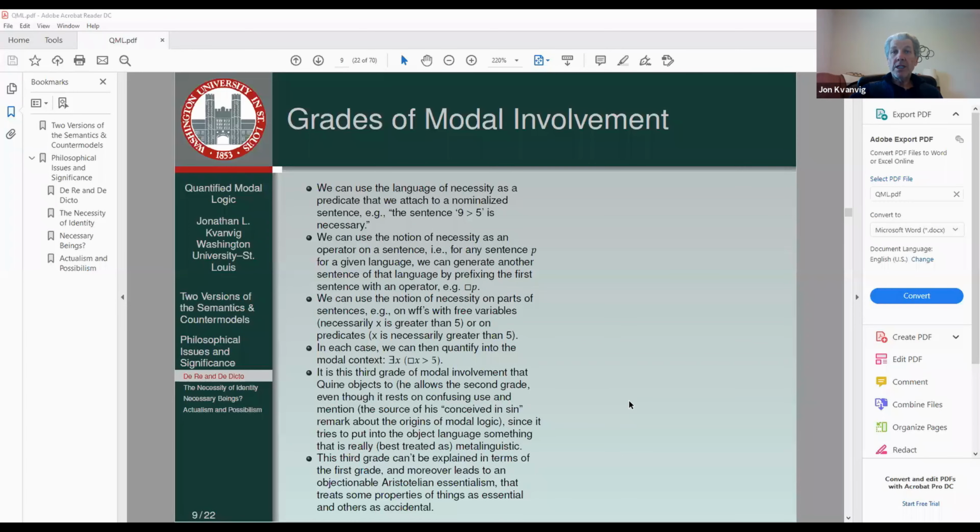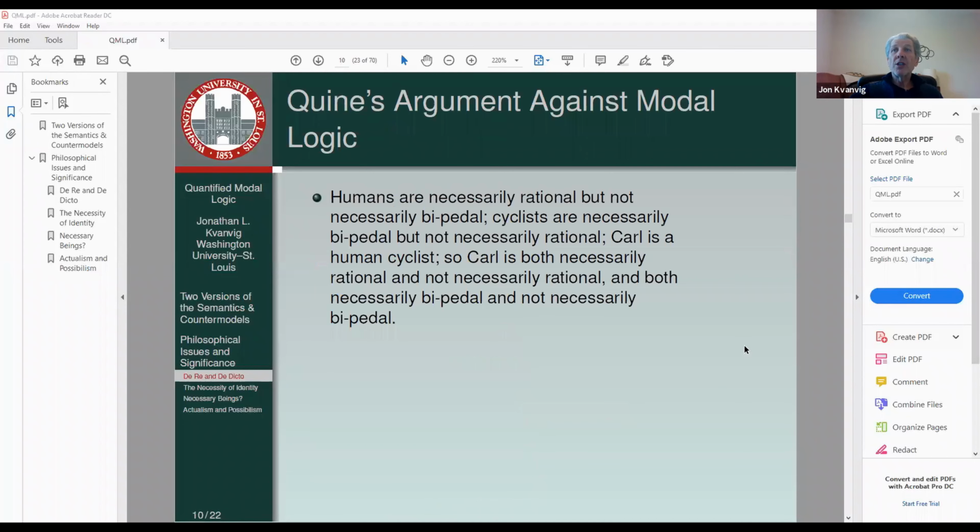As Quine puts it, necessity resides in words, not in things. So anything that's necessary is necessary because of the words we use to describe it, not because the necessity is found in the thing itself, as Aristotle thought. So why does Quine think necessity resides only in words? Here's his argument.